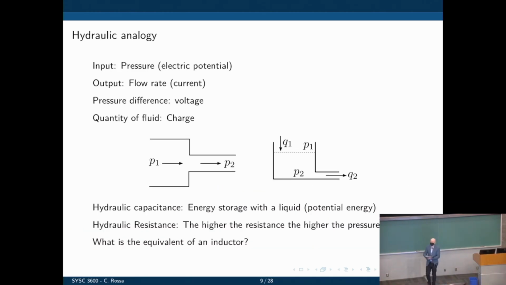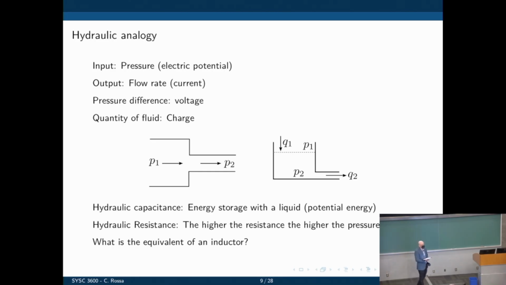Well, we could take our analysis to a different domain too, and let's look at a hydraulic system, for example. In the hydraulic system, the pressure in the system would be the equivalent to the electric potential, the equivalent to what is inducing a behavior in the system. Now we apply a pressure instead of applying a voltage to create a flow rate.